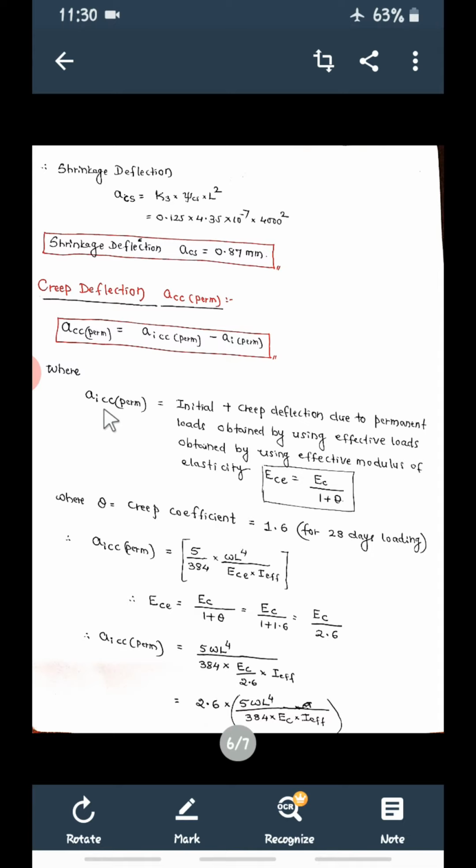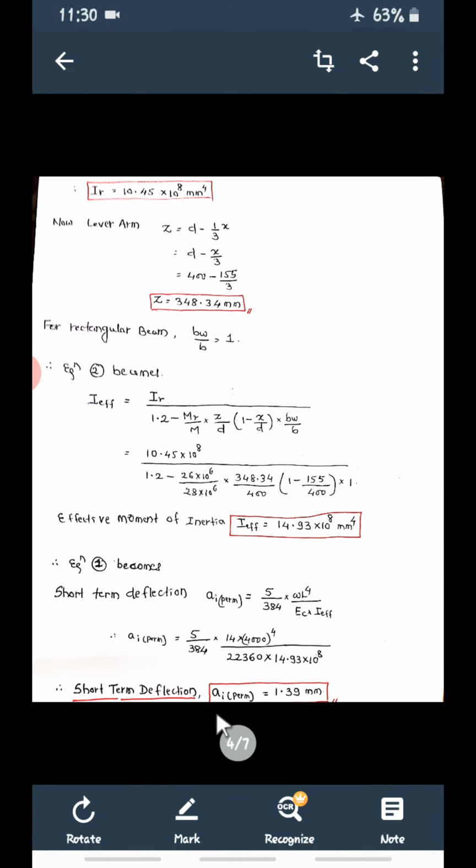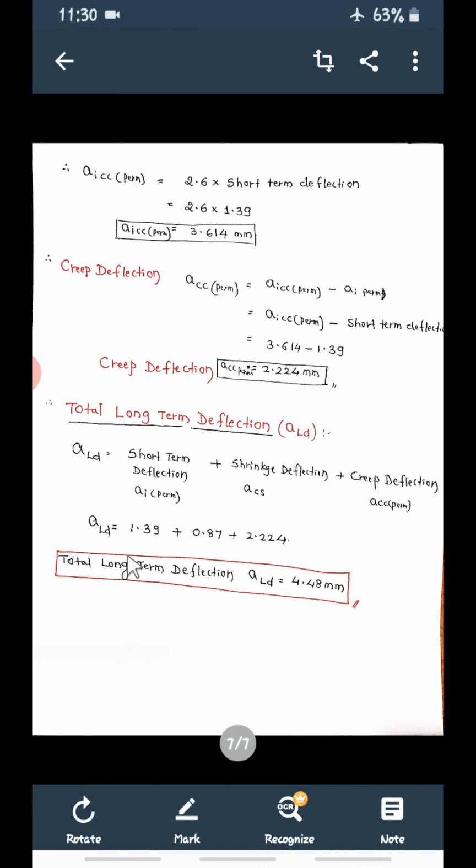And before this we have calculated the short term deflection. Add all the three, that is total long term deflection. Total long term deflection ALD is equal to short term deflection plus shrinkage deflection plus creep deflection.